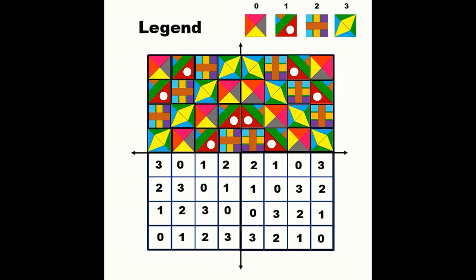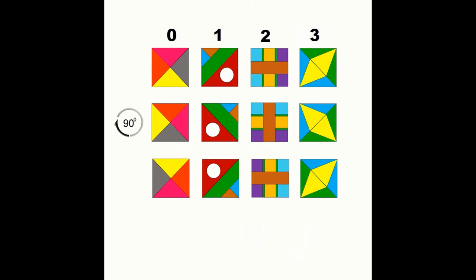Now on the third quadrant, on the lower right side of this figure, you need to consider rotating each of these figures again 90 degrees. So, as you can see, from this figure, each of these figures should rotate 90 degrees.